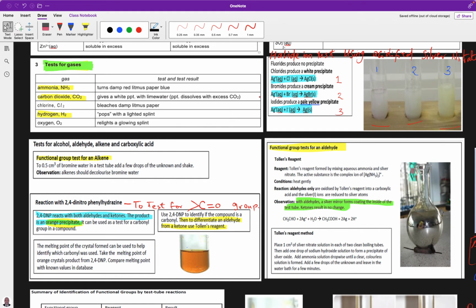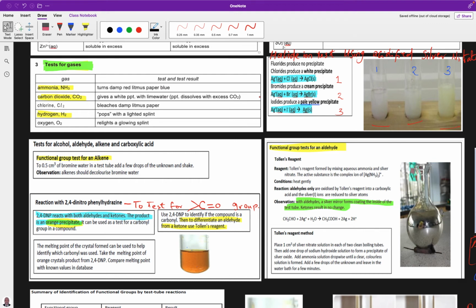If it turns lime water murky, okay. If the white precipitate or cloudy solution dissolves with excess carbon dioxide, okay. Then on some occasions, you may use the test for chlorine, which bleaches damp litmus paper. If it bleaches damp litmus paper, then it's chlorine.